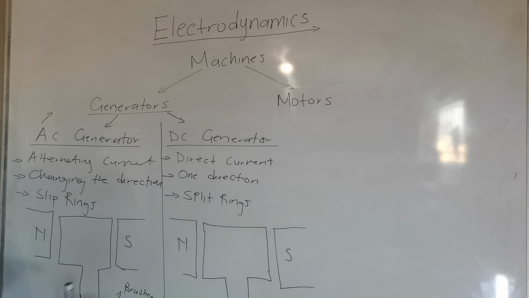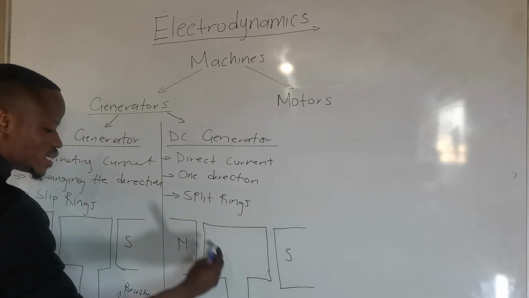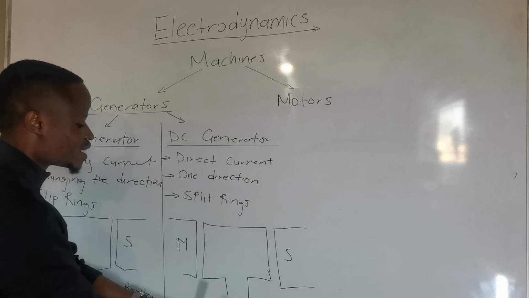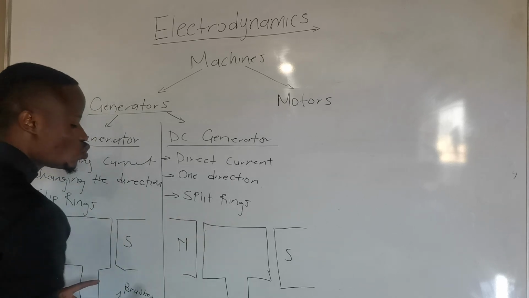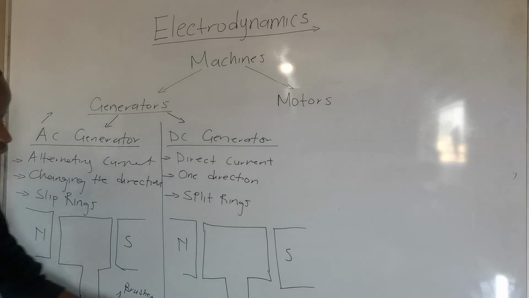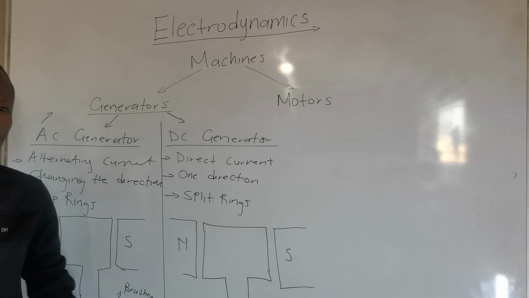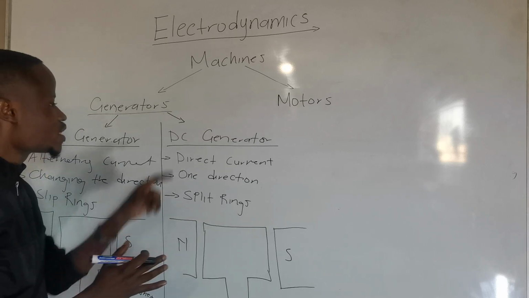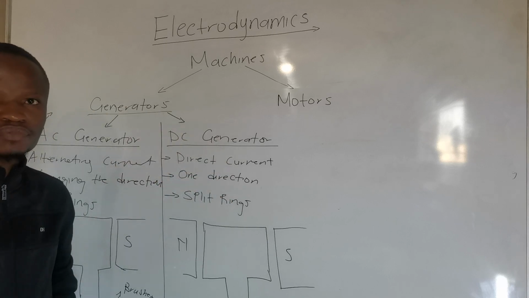In here, the induced current, the current that is produced in here, when it reaches these rings, which we call the split rings, is going to allow the current in the outside circuit to flow in one direction. That is why we call them what? The direct current generators. Are we together?